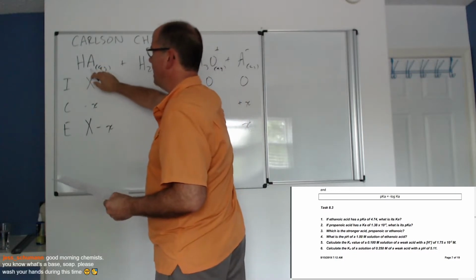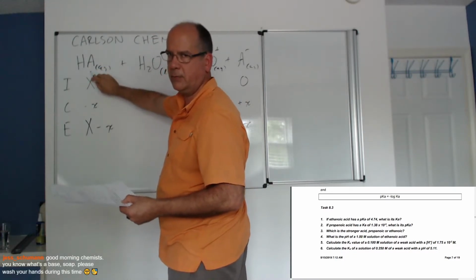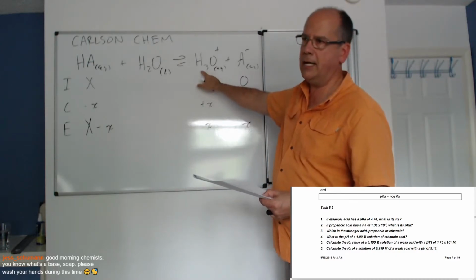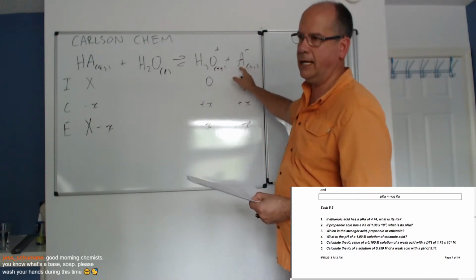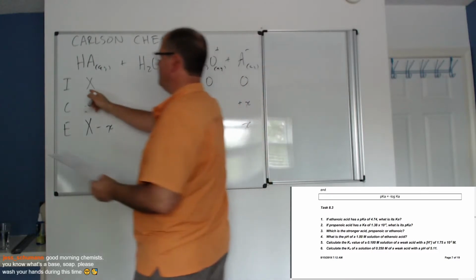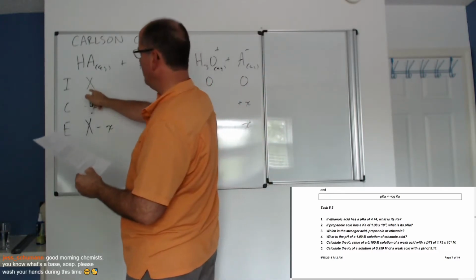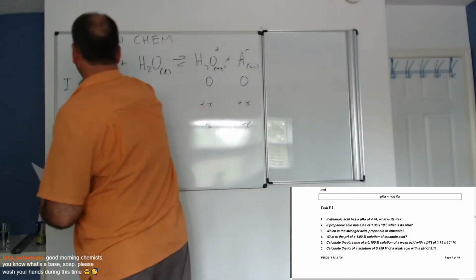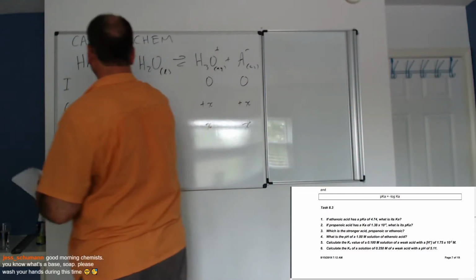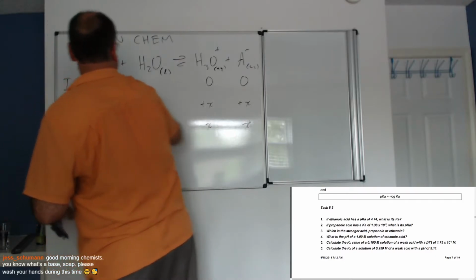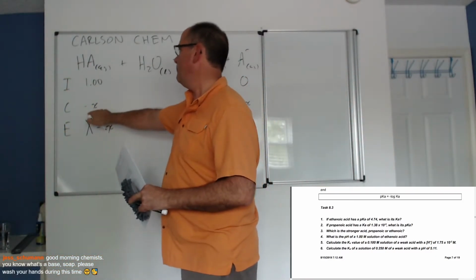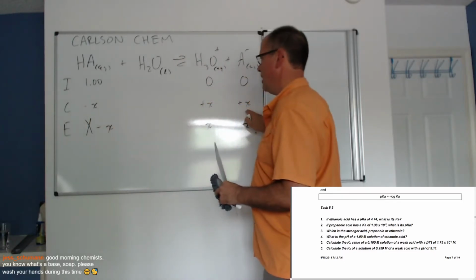When ethanoic acid, a weak acid, is in equilibrium, you're going to get the hydronium ion and your anion. And so if this is 1 molar, then X is 1. These are still zeros. We're still getting minus X, and we're having plus X over here.